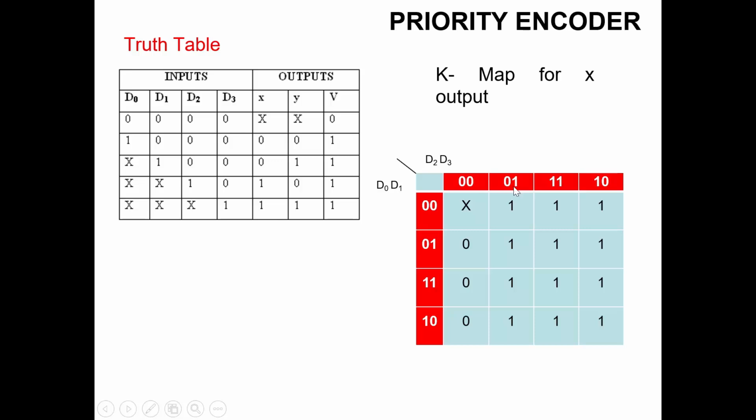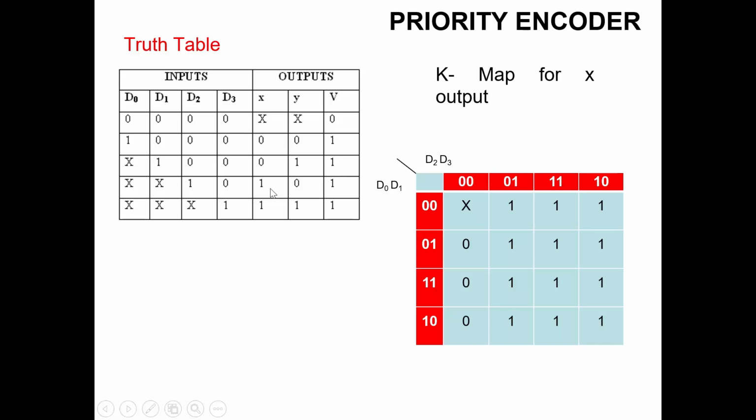Seeing here, D3 is 1 here, D3 is 1 here, then the output will be 1 because D0, D1 and D2 may have any value.